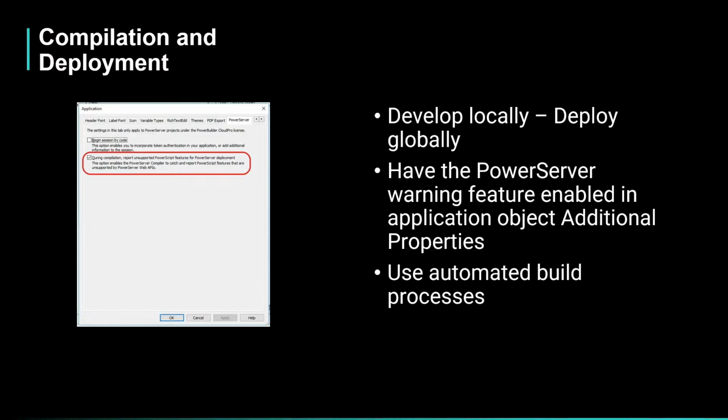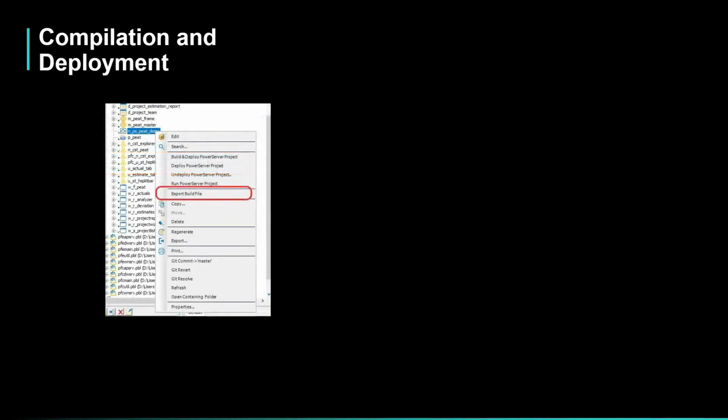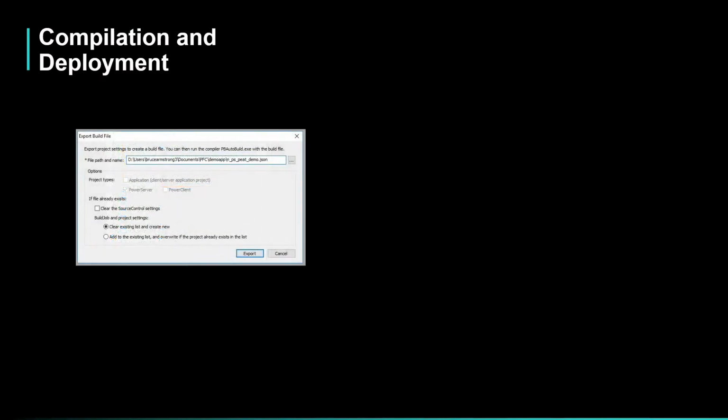The way you can implement that is you take your PowerScript project, and once you've got it created, you can right click on it, and there's this option to export a build file. And this is just stepping through that. So it's going to create this JSON file.